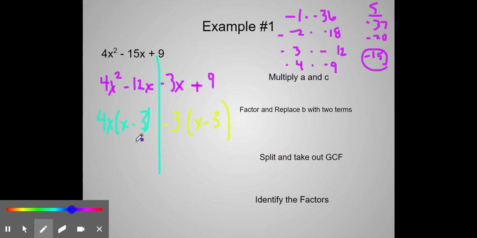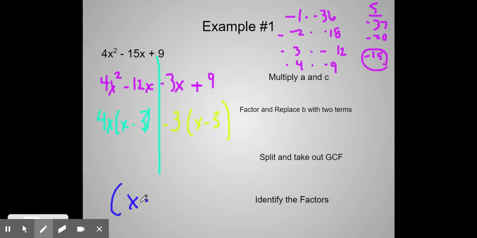So what I'm going to do next is the last step, identify the factors. You should see here that they share x minus 3, it's in both quantities on both sides here. So that is one of my factors. And then the other one is going to be the factored out GCFs. So we did that there.